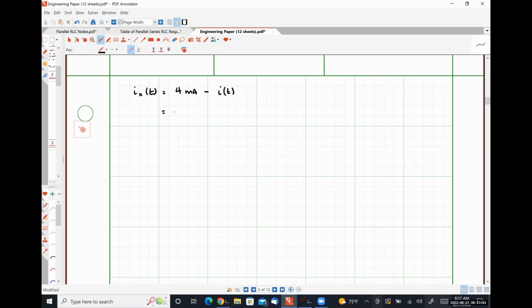So that's going to be negative 2.220 t e to the negative 2/3 t amps plus 2e to the negative 2/3 t milliamps. Actually, let me make sure I'm getting my signs right here. So the 4 milliamp should be a positive sign. Since I'm subtracting I of t, I should change the sign on both of these.